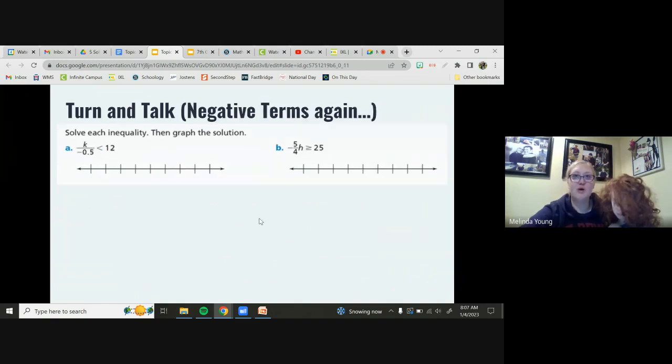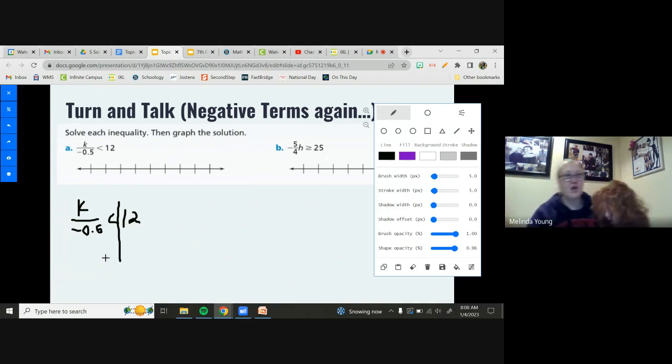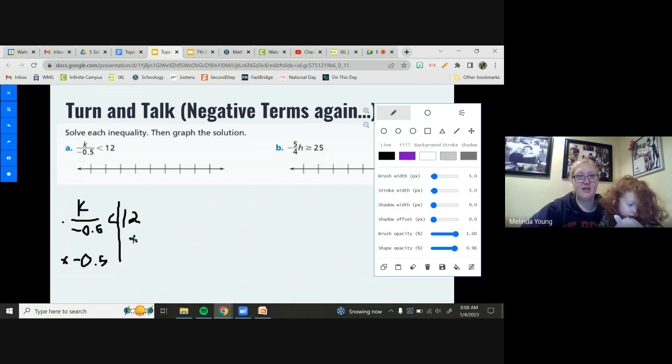One last example for today. We're going to look at k divided by negative 0.5 is less than 12. I'm going to rewrite it down here and draw my line. Because k is being divided by negative 0.5, I'm going to multiply both sides by negative 0.5.